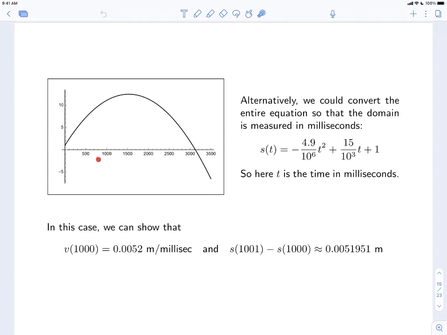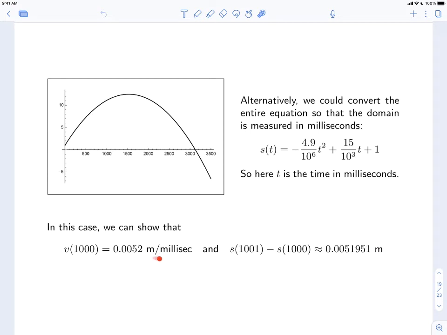So instead of 1 second, we look at 1,000 milliseconds. In this case, we can compute the instantaneous velocity at 1 second, that's v(1,000 milliseconds), and that's 0.0052 meters per millisecond. And the actual change, which we just computed on the previous slide, is 0.005195 meters. So you can see that the numerical values here are very close to the same.